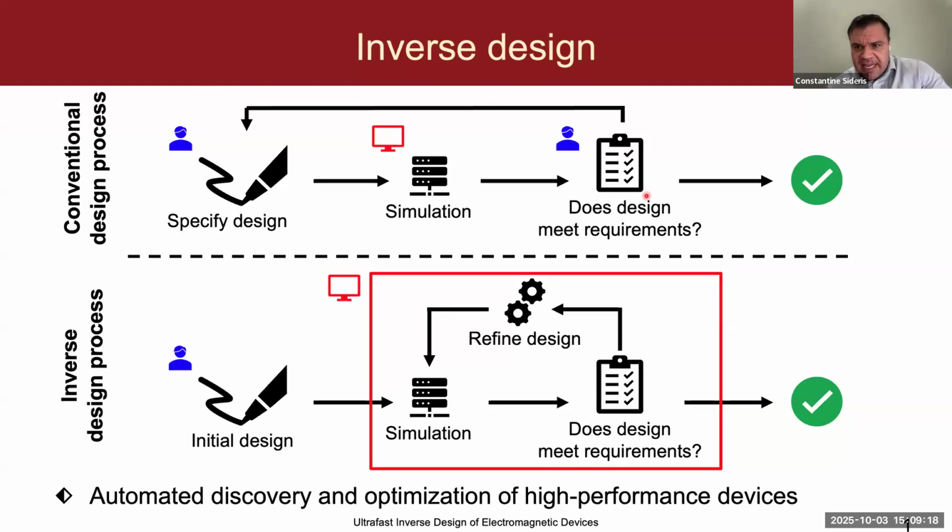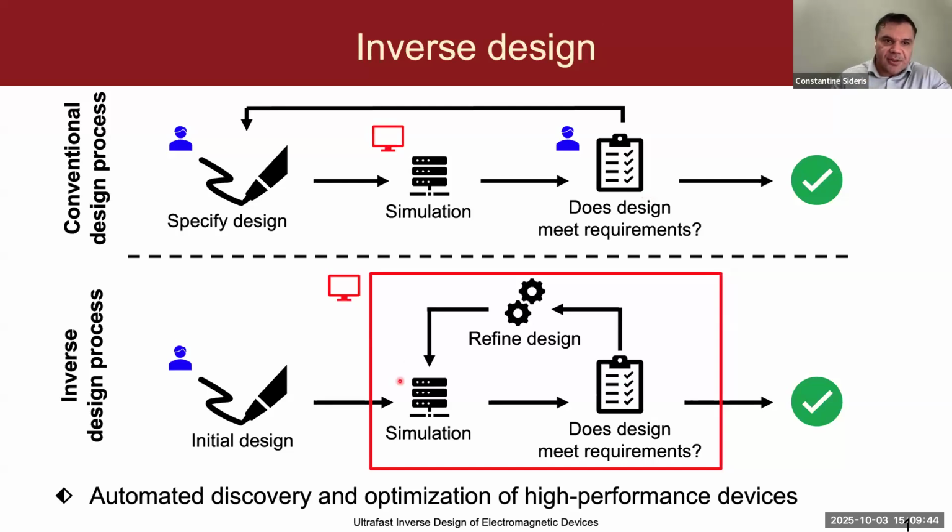Because of this, inverse design proposes algorithmic approaches to optimize devices, basically pulling the human out of the loop. Instead of being at the lowest level and tweaking the design at each iteration, the human provides an initial design and target design specifications, as well as potentially design rule constraints.